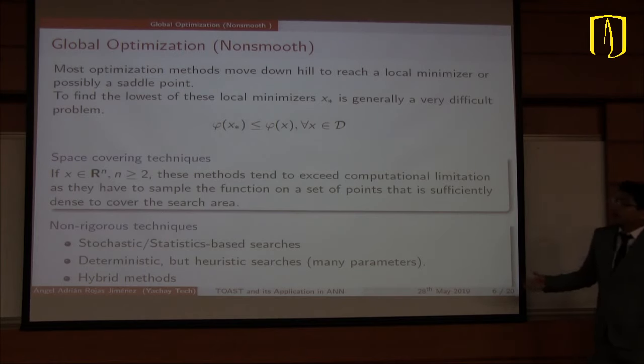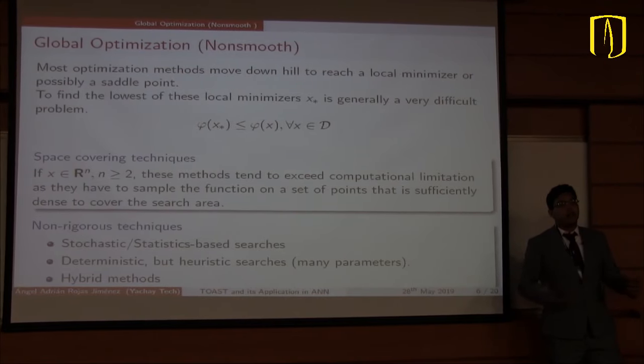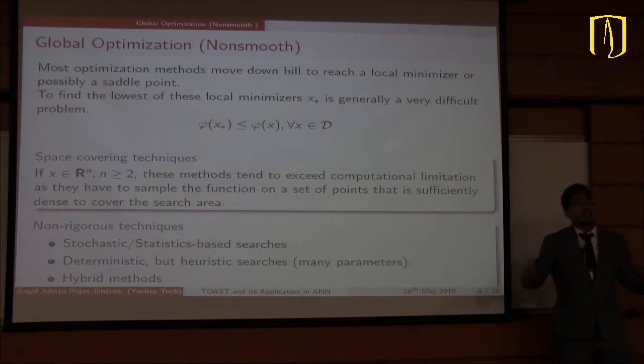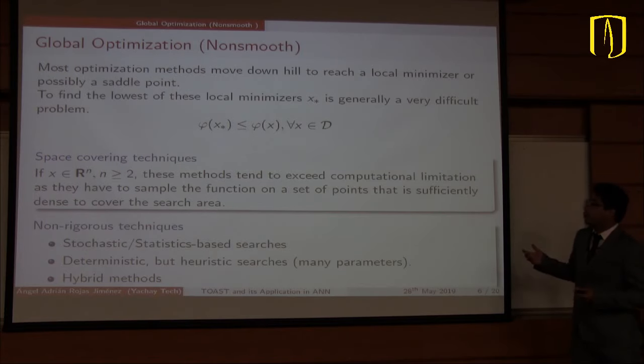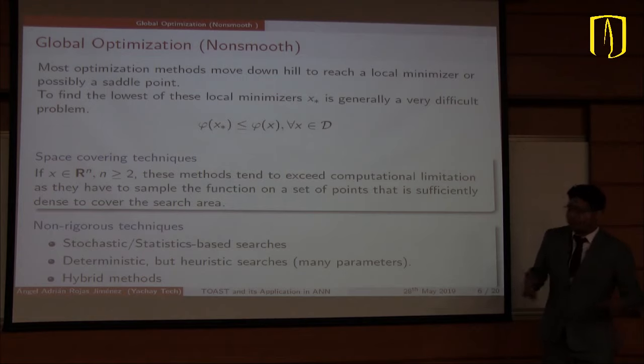And to find out what is the lowest value of the function among this whole set of local minima is pretty difficult. So there are two paradigms or two techniques in principle. One of them is space covering, that is kind of deterministic, because it looks in the whole domain of the objective function for where the minima are. But computationally, this is pretty costly because it exceeds the computational limitation, and also the difficulty is the density of the domain.